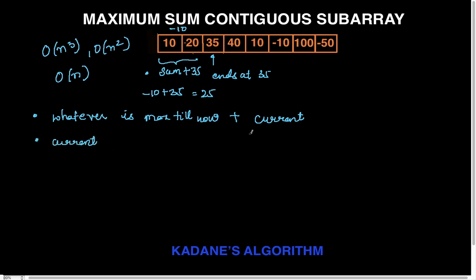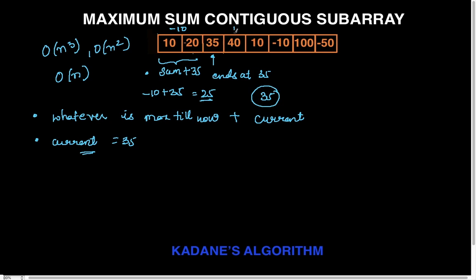And now let's say we are at 35, as we saw that we took whatever is max till now. We had minus 10 as max till this particular place, and then with current, that gave me 25, and just the current gave me 35. So now max till 35 actually becomes 35. So max till 35 is 35.